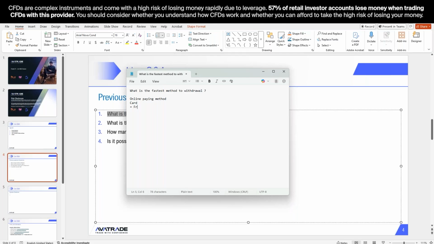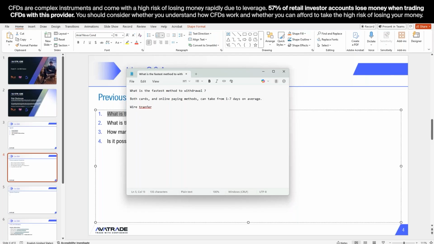Actually, I'm going to put it this way. Both cards and online paying methods can take from 1 day to roughly 7 days on average. Could be more, could be less.